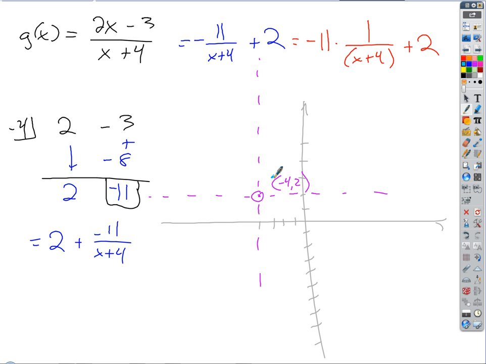Vertically, right? Well, look how that's consistent with how we're treating this. If I go over 1, instead of going up 1, I'm just going to multiply it by -11. So I'm going down. I'm going up -11, which is down 11. So I go down 1, 2, 3, 4, 5, 6, 7, 8, 9, 10, 11. So clear down there. And when I go back 1, instead of going down 1, I'm going to do the opposite.